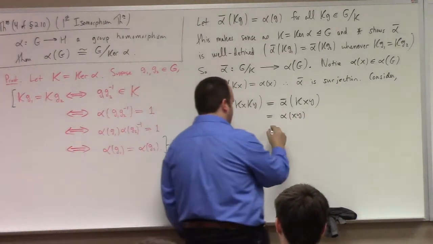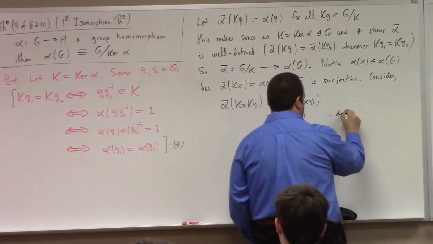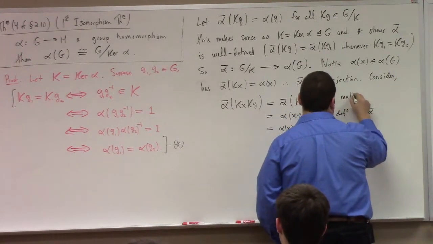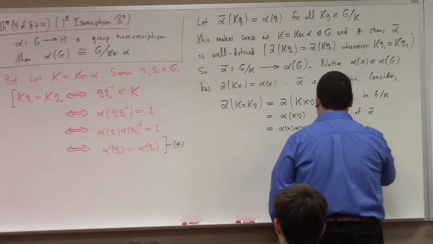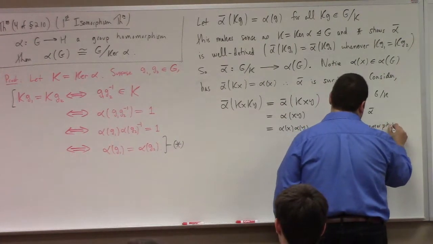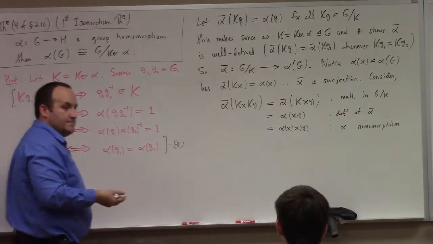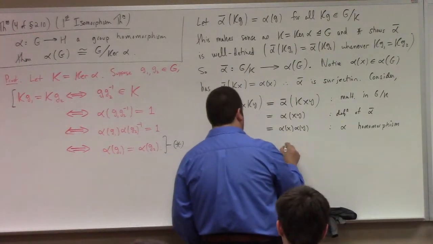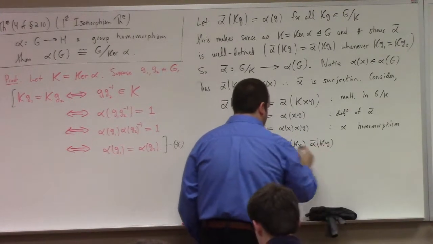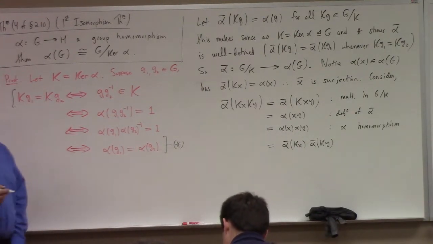Which is then alpha of x times alpha of y. This was the definition of alpha bar, this was multiplication in G by K, this is because alpha is a homomorphism. And then what is that? This is alpha bar of kx, this is alpha bar of ky. So there you have it. Alpha bar is a homomorphism.